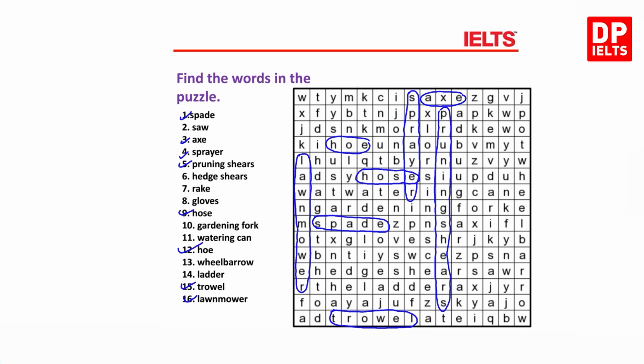Right. We can find rake as well. I can see rake. So we have rake there. I can also see hedge shears. Right. We also have gloves. Then we have the gardening fork.